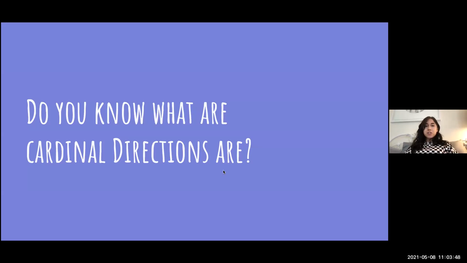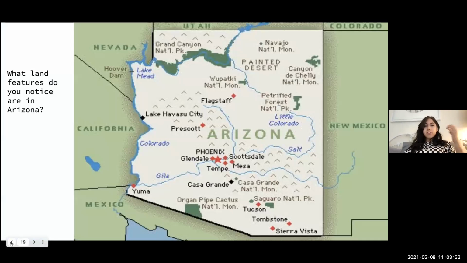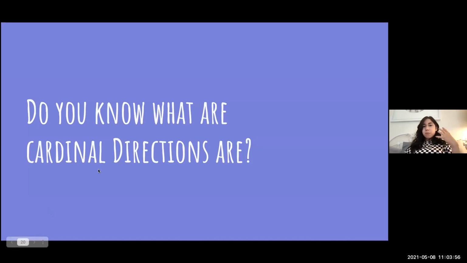And then we went into what are cardinal directions, because in the lesson that we planned, Rachel and I and Stephanie, we know it's important for them to have a sense of direction. I know Stephanie had touched on some map features before for outdoor learning, but they still needed this review.